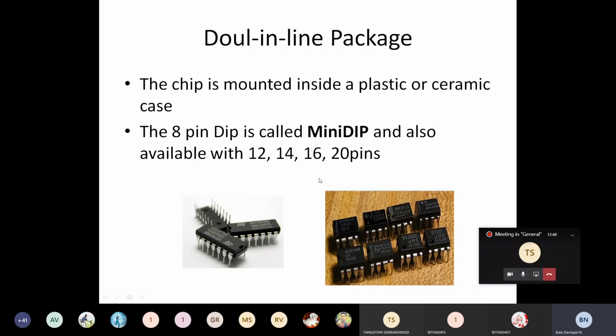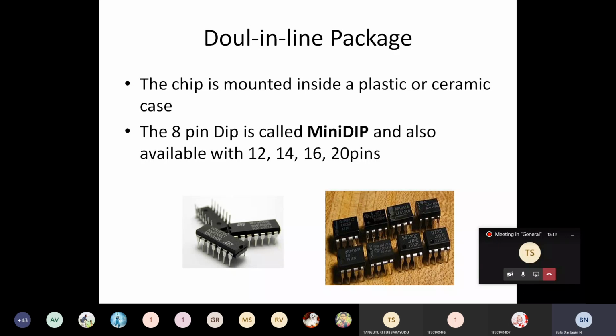In the picture you can see the dual inline package ICs. Your IC 741, the operational amplifier which you are going to study, and the timers, most of the ICs will be in dual inline package. They are available with 12 pin, 14 pin, 16 pin, and 20 pin.